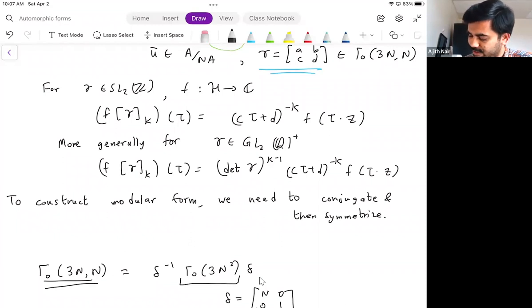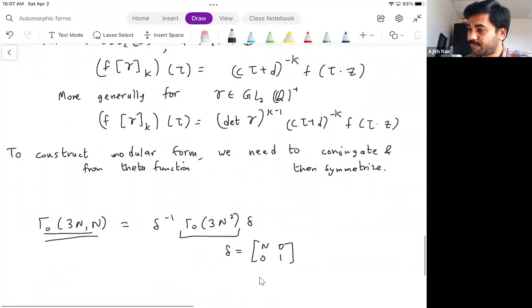So I'll explain what that means, or at least the interpretation, to construct a modular form from a theta function. So we had a theta function, and we will construct the modular form.